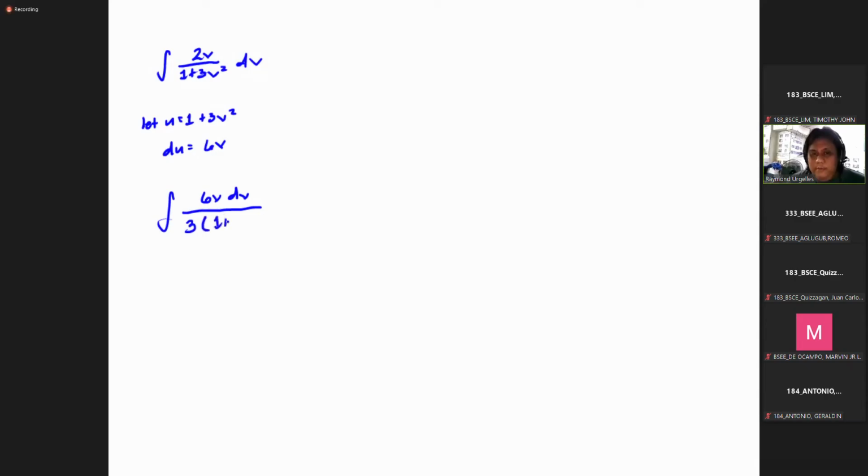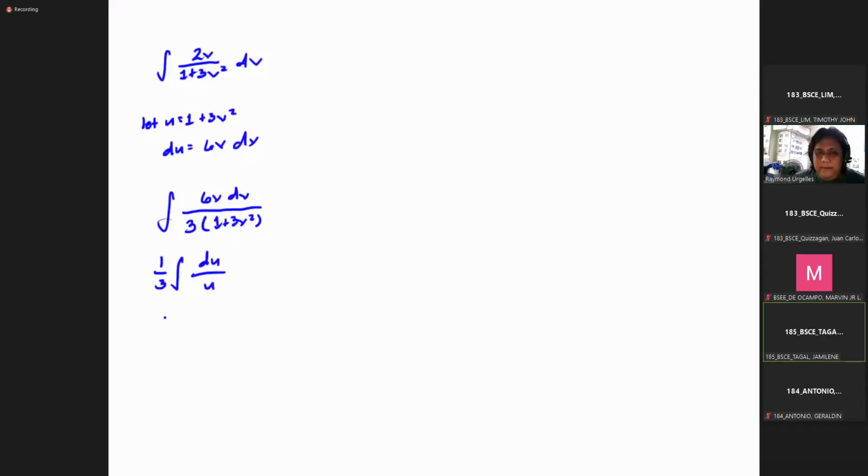So then this will be 1 plus 3v squared. So pag sinubstitute natin, we can factor out 1/3. So then this will be integral ng 6v dv is now our du, and then yung 1 plus 3v squared is u. Okay? So kaya lalabas dito is 1/3 of ln u.